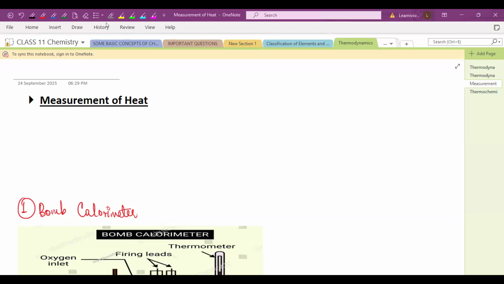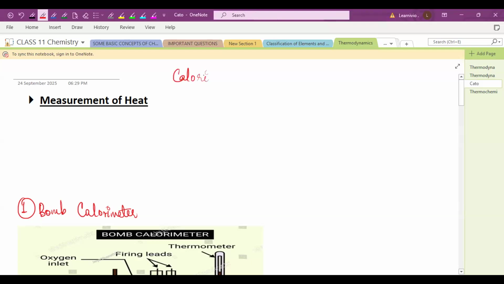So measurement of heat. We will learn how we can measure the heat. Okay, so there is a method which is known as calorimetry. You will perform this in your lab also.